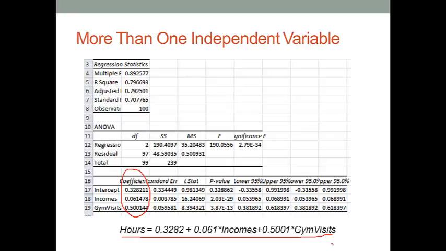That means customers with higher incomes will be more health conscious, right? We can make this conclusion. Customers who visit gyms more frequently are more health conscious. That's why they use the fitness mobile app more.